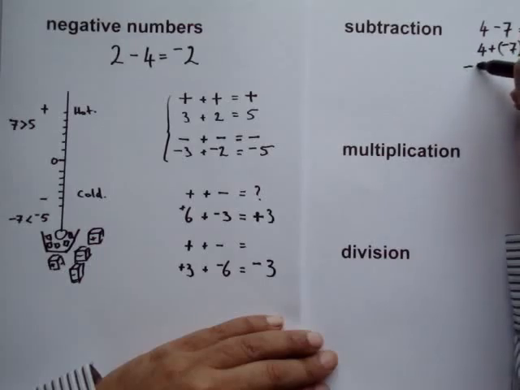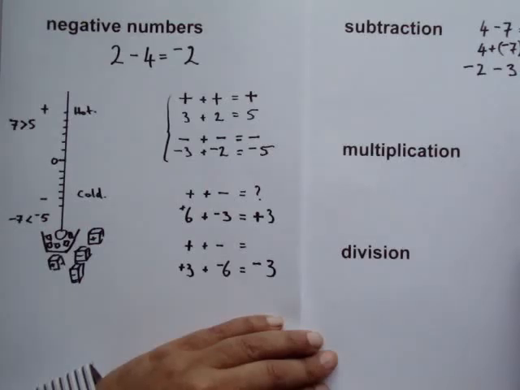Similarly, if we have minus 2 minus 3 equals negative 5. This can be thought of as negative 2 plus negative 3, and that equals negative 5.